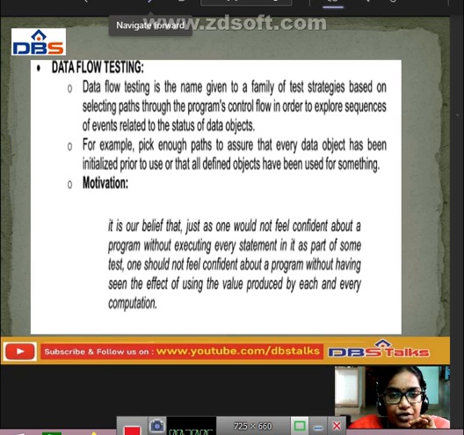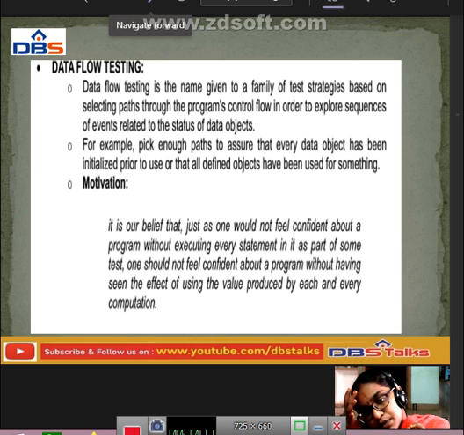It is our belief that just as one would not feel confident about the program without executing every statement in it as part of some test, one should also not feel confident about the program without running these checks. But one should feel confident about the program, very confident.